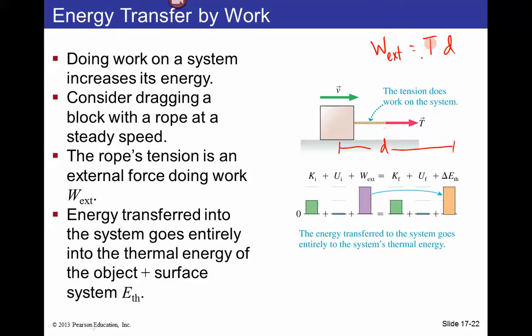So where is that energy? This much energy is being transferred into the box. Where is that energy going? In this case, the kinetic energy is not changing. The gravitational potential energy is not changing. But the system is heating up because there is friction here. So all this external work being done by the tension is being transferred into thermal energy.